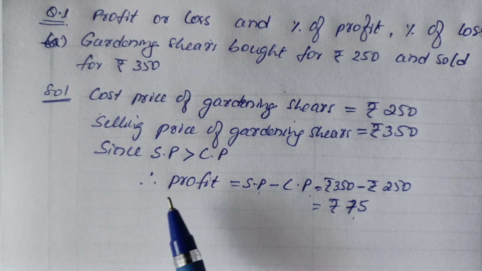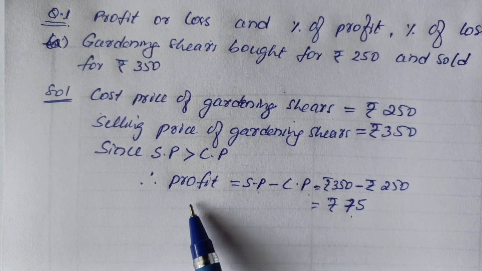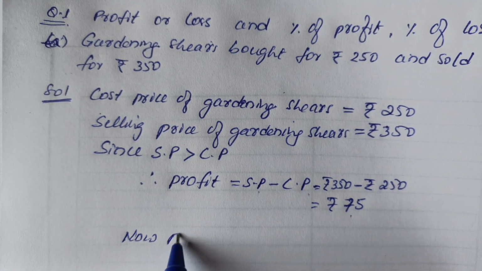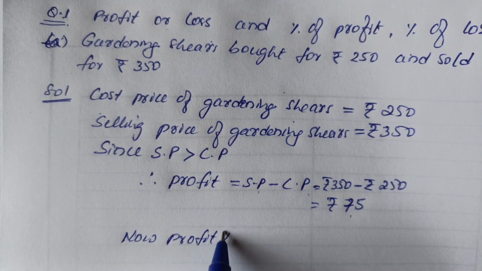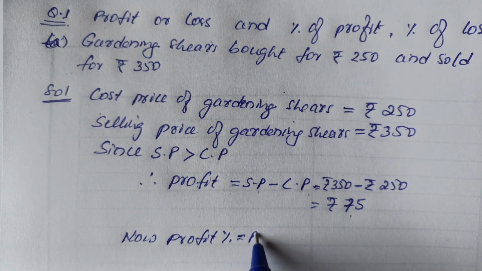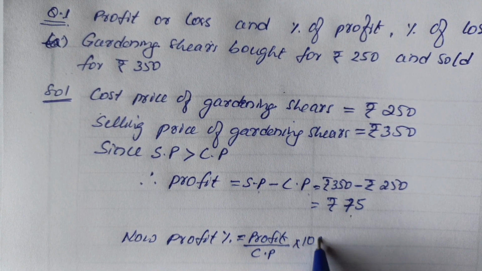Now we need to find a percentage. Profit percentage. How to find a profit percentage? We already know that it is equal to profit divided by cost price into 100.